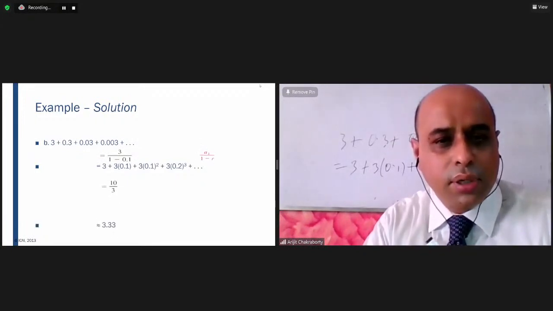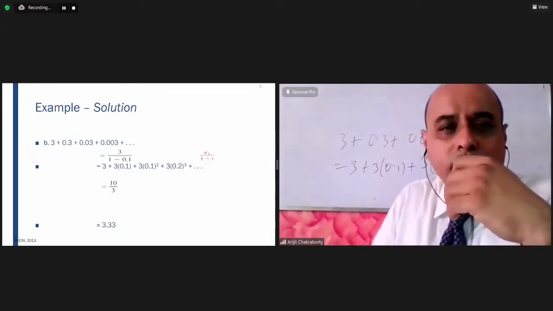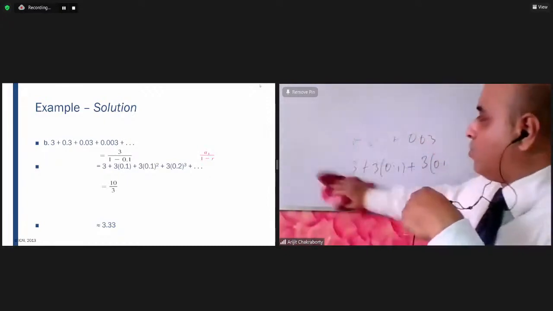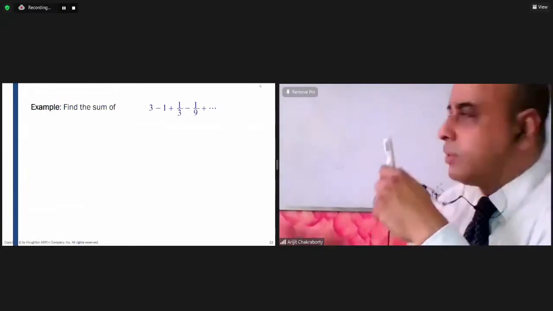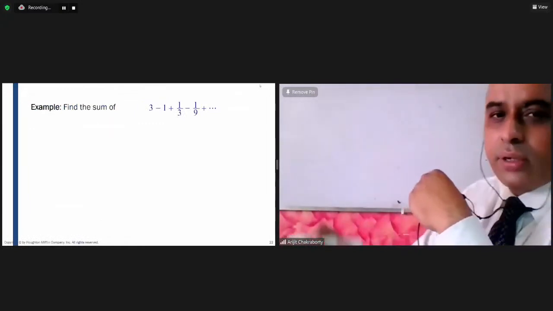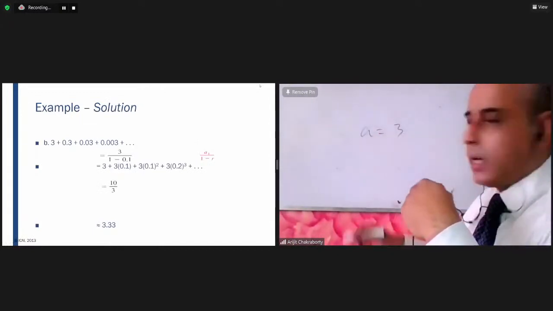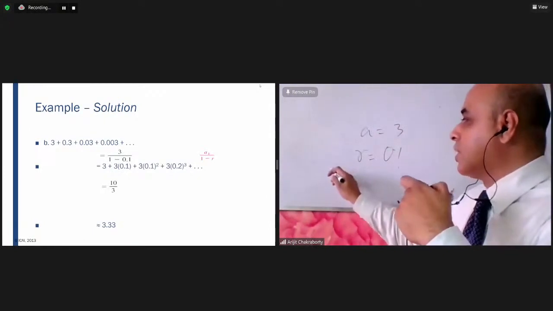So therefore, it can be seen that the common ratio is 0.1, and it will take up the value A is 3 and R is 0.1. So therefore it's an infinite series.